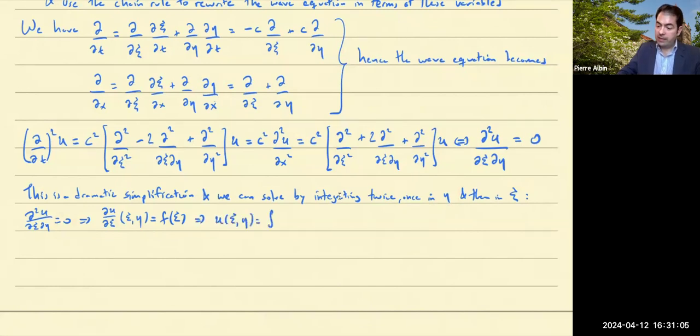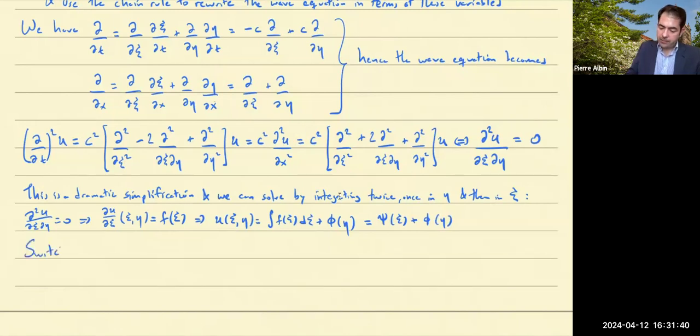On the right-hand side, I have the integral of f of xi plus an arbitrary constant, but this is now a constant with respect to xi, so that means it's an arbitrary function of eta. Let's call it phi of eta. And then the antiderivative of an arbitrary function of xi is just another arbitrary function of xi. So let's call that psi of xi plus phi of eta.